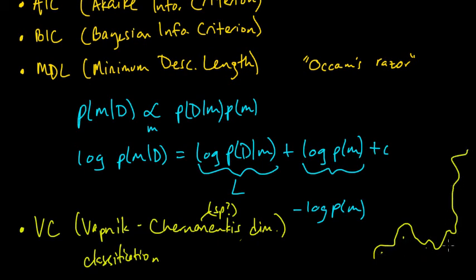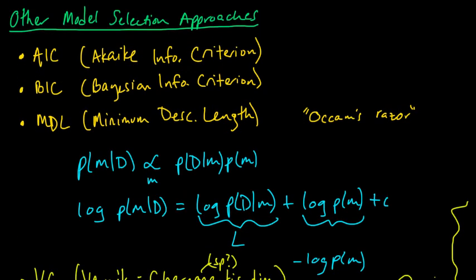So if they can separate lots of different types of data sets, then they have higher VC dimension, and so if you were doing model selection using this, you would favor models that are less complex, that can have less wiggly decision boundaries. Okay, so these were just a few I wanted to mention in case you've heard of these other things, to understand at a very high level a rough idea of what these are doing.